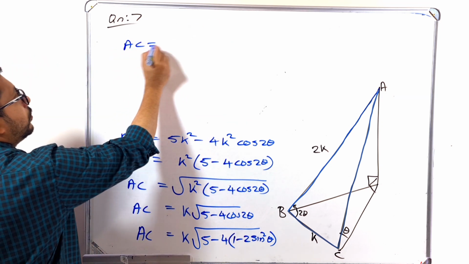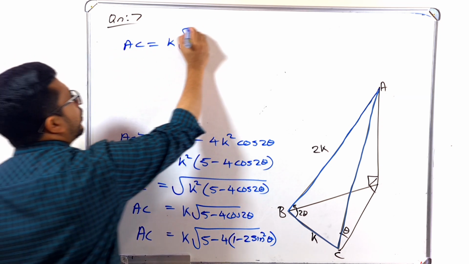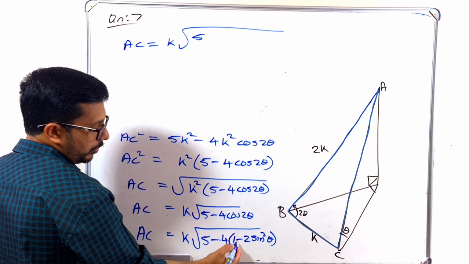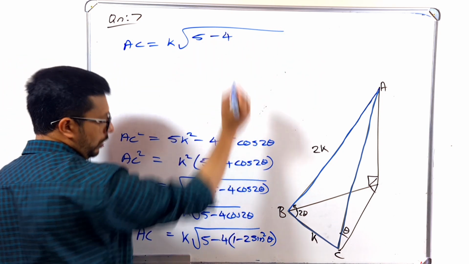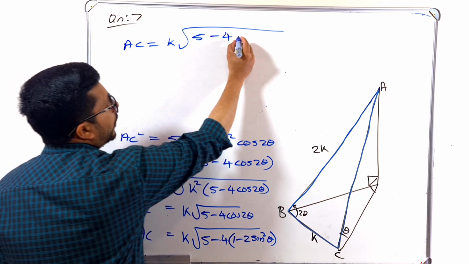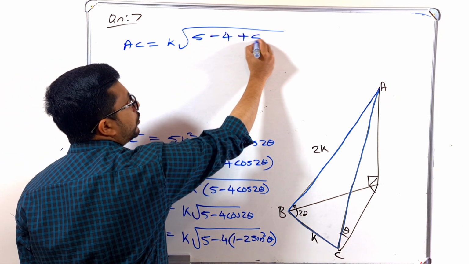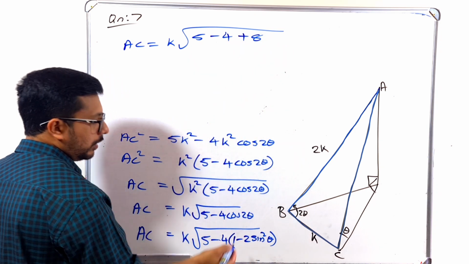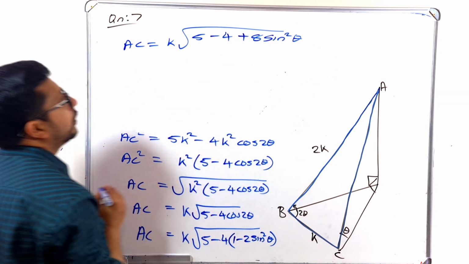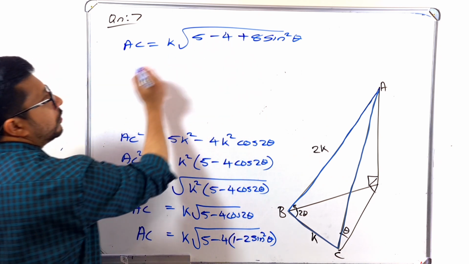AC is equal to K into square root of 5 minus 4 into 1, that is minus 4, minus 4 into minus 2. So minus into minus is plus, 4 into 2 is 8, then sine square theta. So what is 5 minus 4? 1.